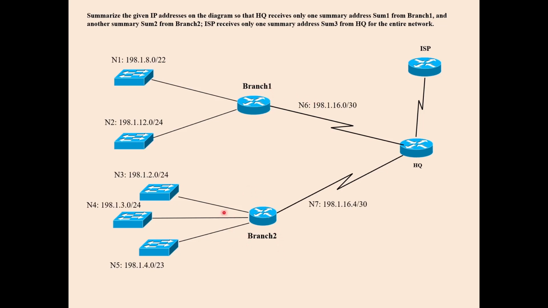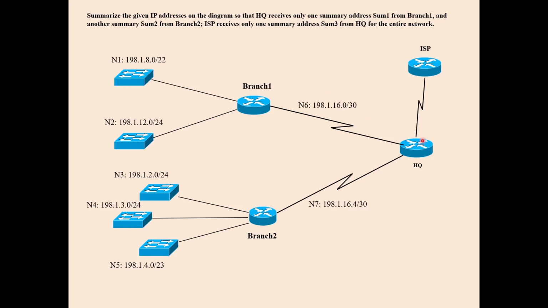Branch 2 needs to summarize the 3 networks and advertise a single summary to HQ so that HQ receives only 2 summaries, one from branch 1, second from branch 2, that reduce the routing table entries at the headquarters.